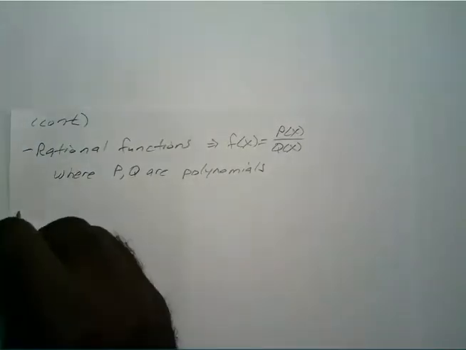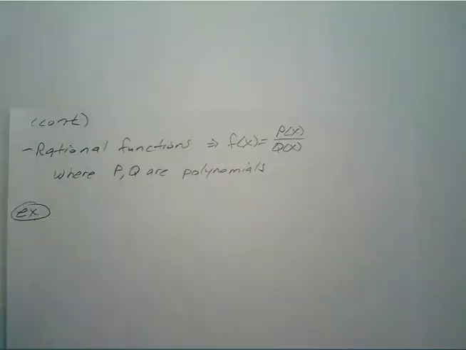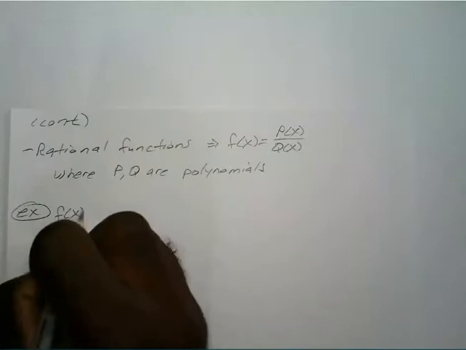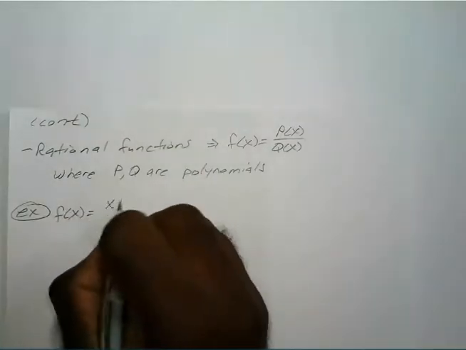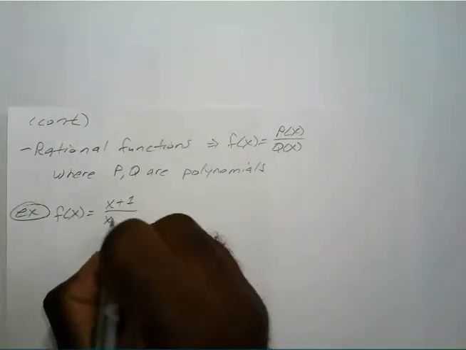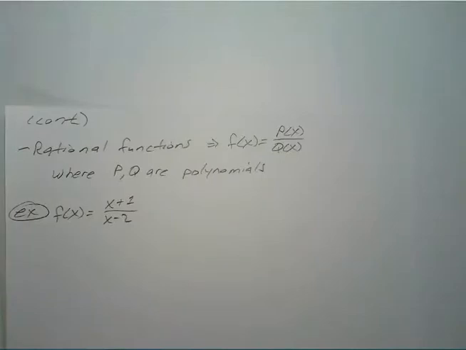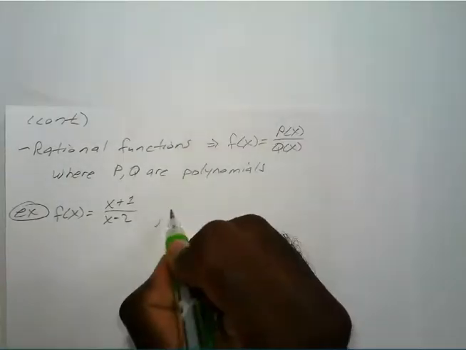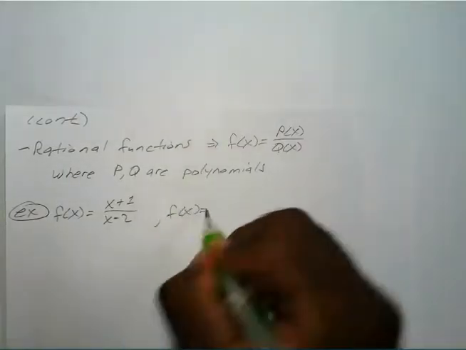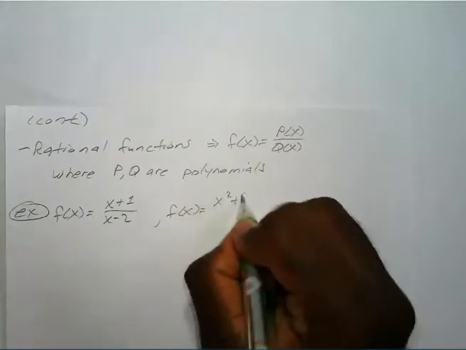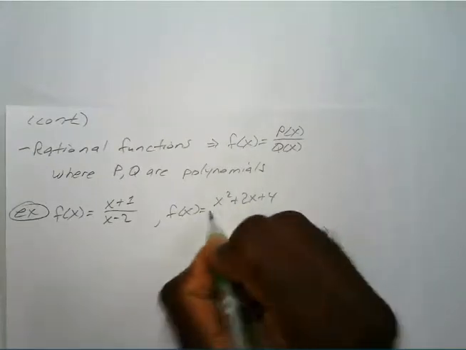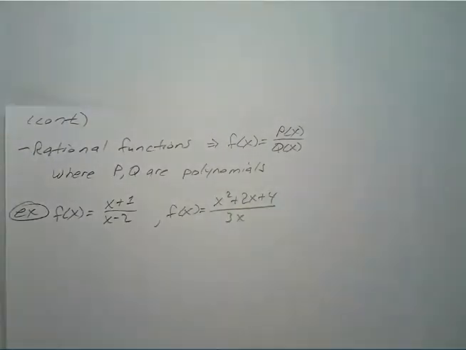Alright, so for example, you have f of x is equal to x plus 1 over x minus 2. That's a rational function. Or f of x is equal to x squared plus 2x plus 4 over 3x. That's a rational function.